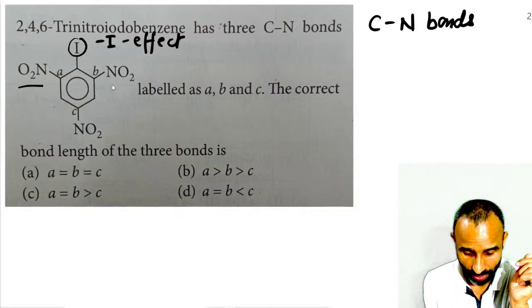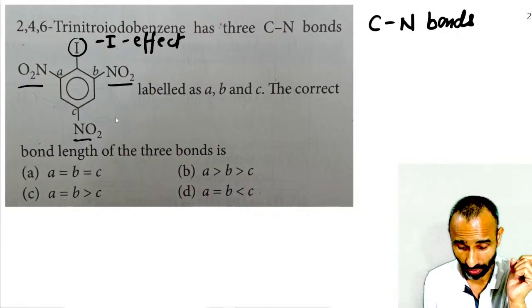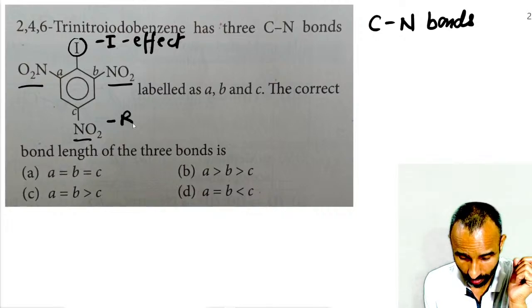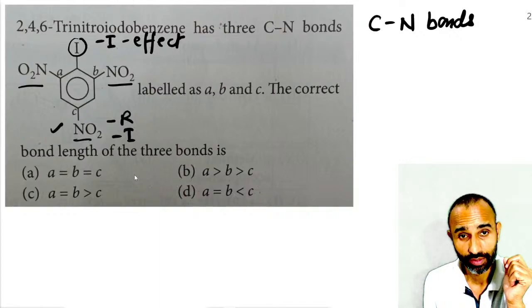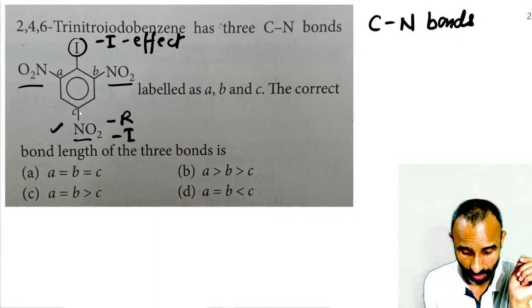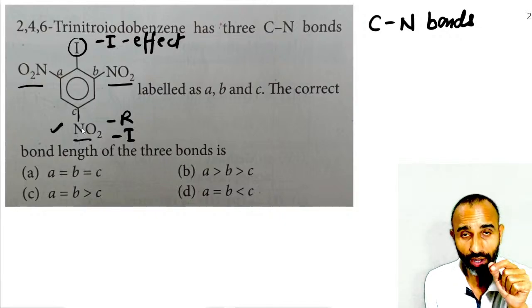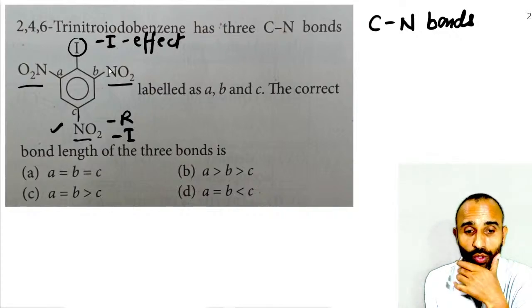And in NO2, all are electron withdrawing groups with a minus R effect. Therefore, resonance is more at the para position than at the ortho positions. So that means CN double bond character is more in para than in ortho.